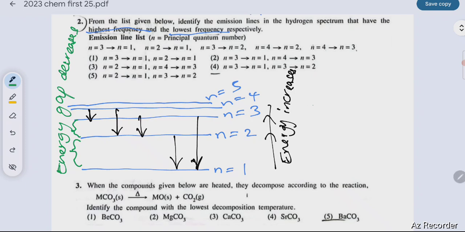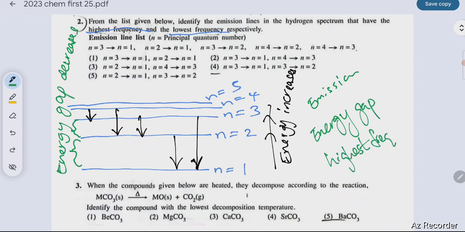Now, when an emission happens, this energy is released, right? So, what is the energy release? That energy is equal to the energy gap between the energy levels in which that electron got transmitted, right? So if we look at the energy gap, then we can identify the emission line with highest frequency. In order to get the emission line with highest frequency, the energy gap should be highest.